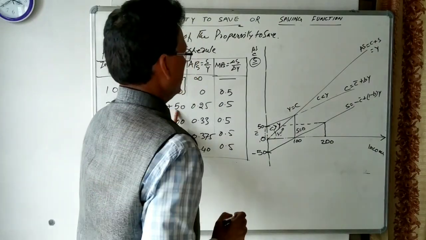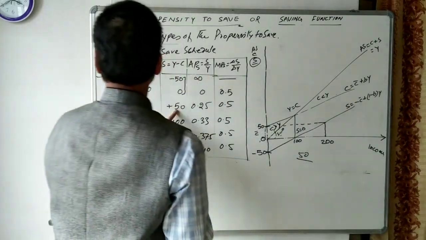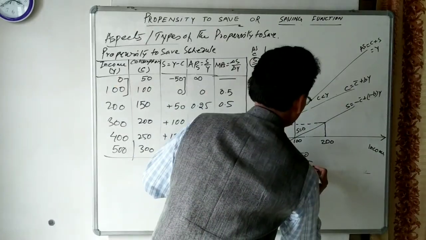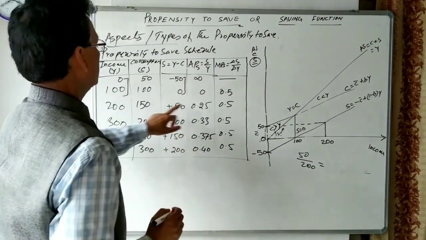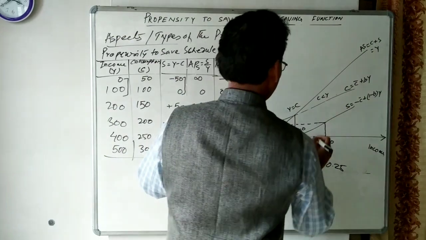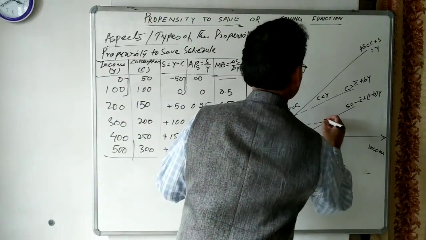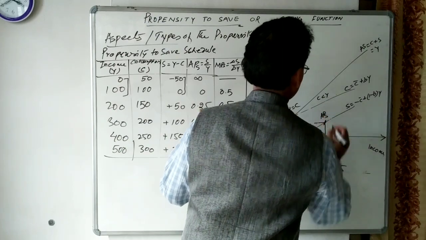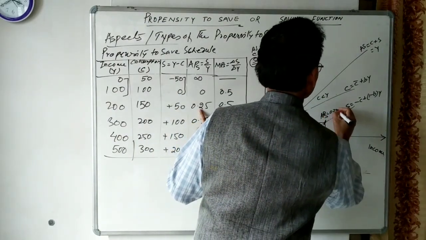So if you divide 50 by 200, this will give us 0.25. So at this point, 200, this is APS. APS is equal to 0.25 here.